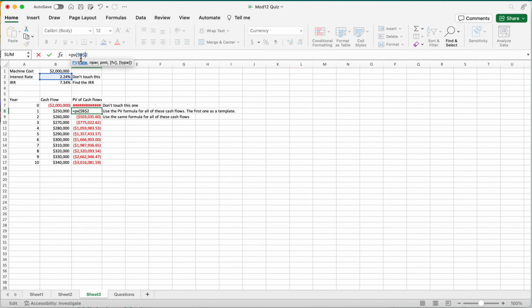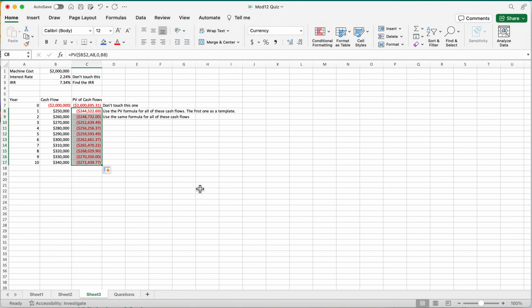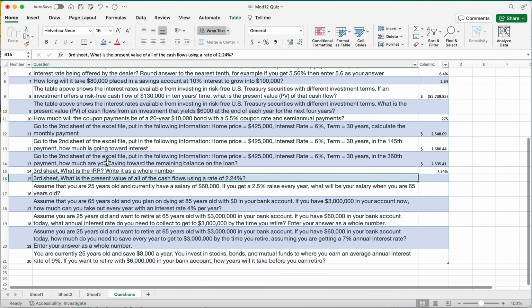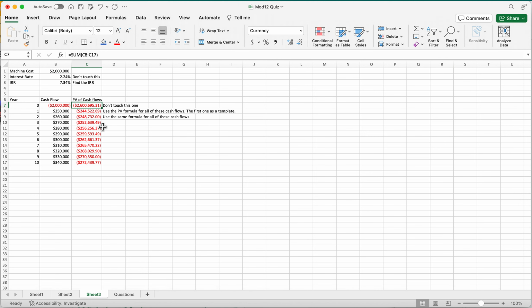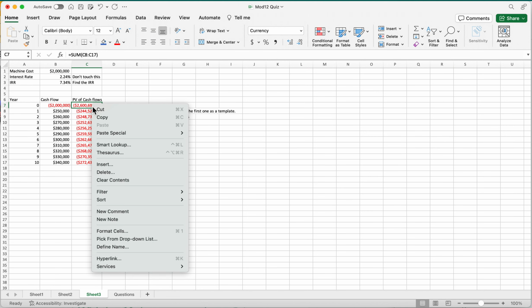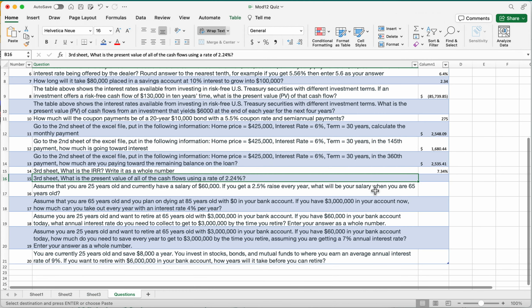And then comma, number of payments, that one, comma, payment, 0, comma, future value, enter. Once you do that, you can copy it down. So right here, that is the number I think that you're going to use. What is the present value of all the cash flows? So if you do this calculation and you get this number, that is your answer.